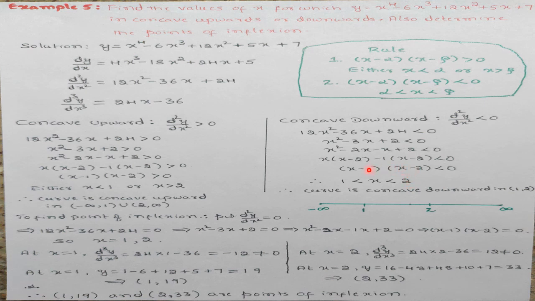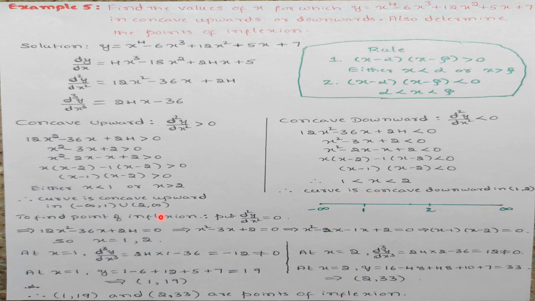Therefore this is the LHS. See here, this is less than 0 only when x lies in the interval 1 to 2, x between 1 and 2. Therefore, here in the number line for f'' the second derivative, we mark 1, 2, plus infinity and minus infinity.